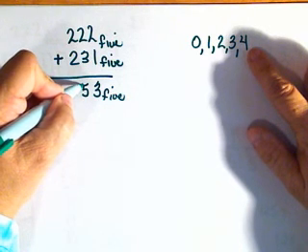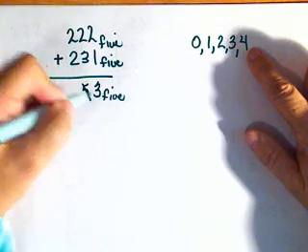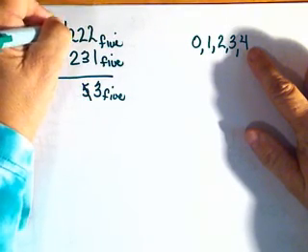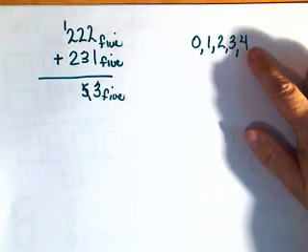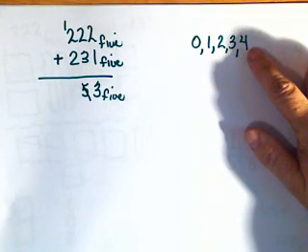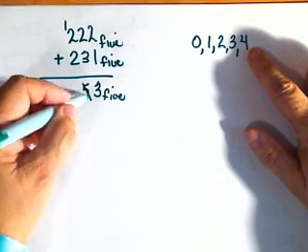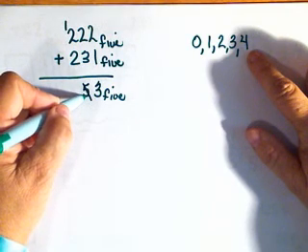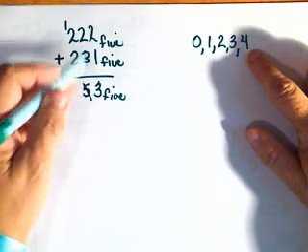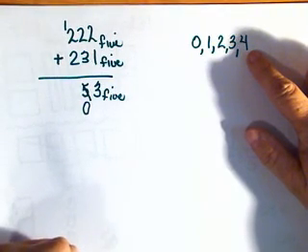Okay, so I want to trade that 5 out, and when I carry it, I'm trading out one of the 5 to the first, and I'm trading it to a 5 to the second. Alright, so then this leaves me with nothing in this place now, because I traded it out and moved it.